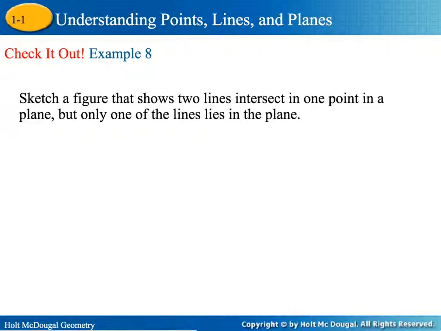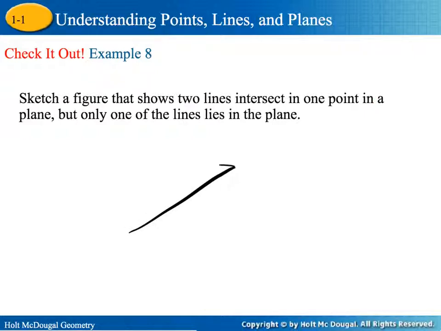For our last one, example 8: sketch a figure that shows 2 lines intersect in one point in a plane, but only one of these lines lies in the plane. Let me show you what the problem is when you don't draw your plane first. Let's first address the 2 lines intersecting in one point.